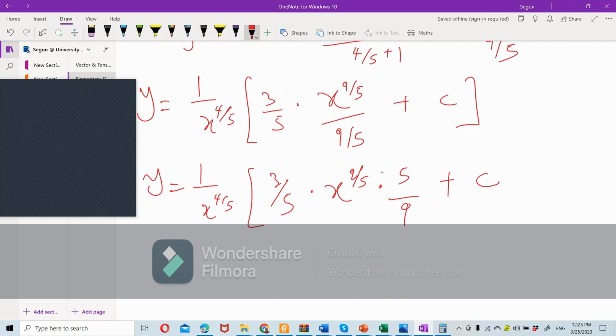So what do we have? 3 here, 3 here, cancel here. So we have, in this case, 1 all over x raised to power 4/5 multiplied by 1 all over 3 x raised to power 9/5.